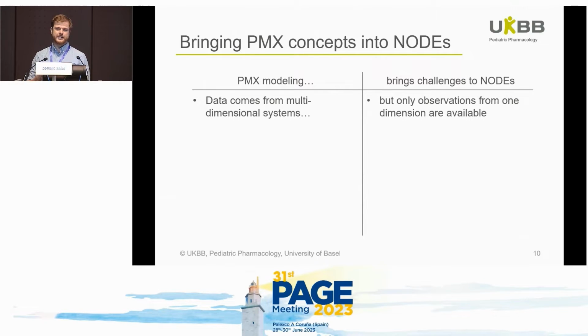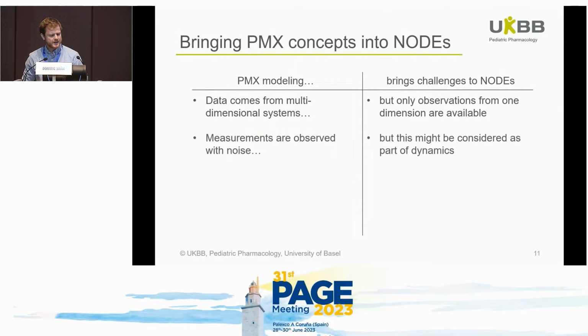So how should the data-driven approach of NODEs handle this? Second, in our measurements, we often have noise, and the NODE must distinguish between what is noise and what is really the underlying dynamics in the data.